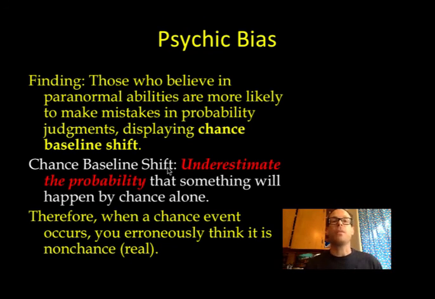So a chance baseline shift or psychic bias is just when someone underestimates the probability of an event, and they think instead that it has to be some sort of psychic event or something like that. I had once in my life, someone was thinking of somebody and the phone rang and they picked it up and it was that person. And they said, my gosh, what are the odds? Well, it seems pretty amazing when you consider one person and one thought.